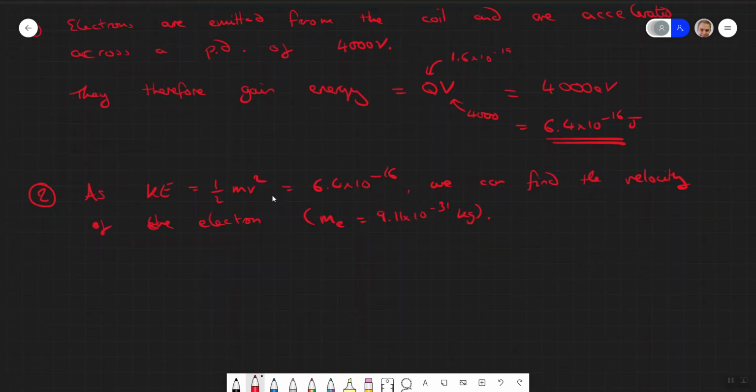So we can throw that in. We've got our numbers. That means that v is equal to the square root of 2KE over m.